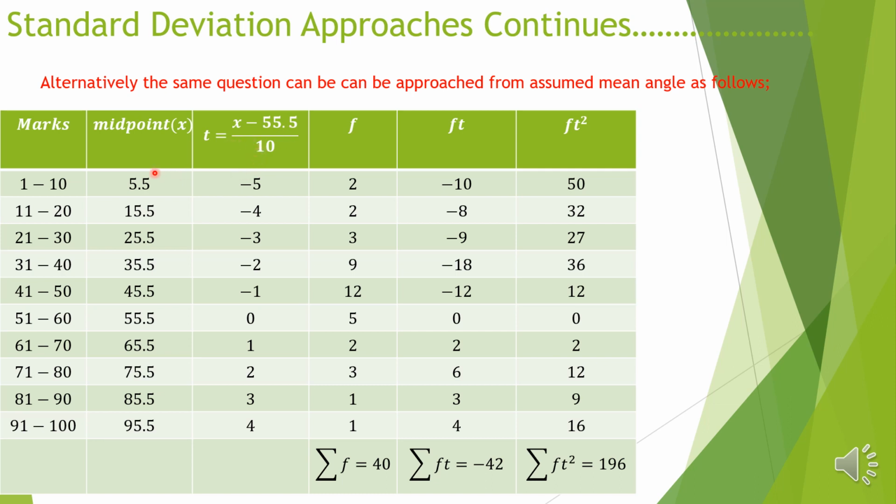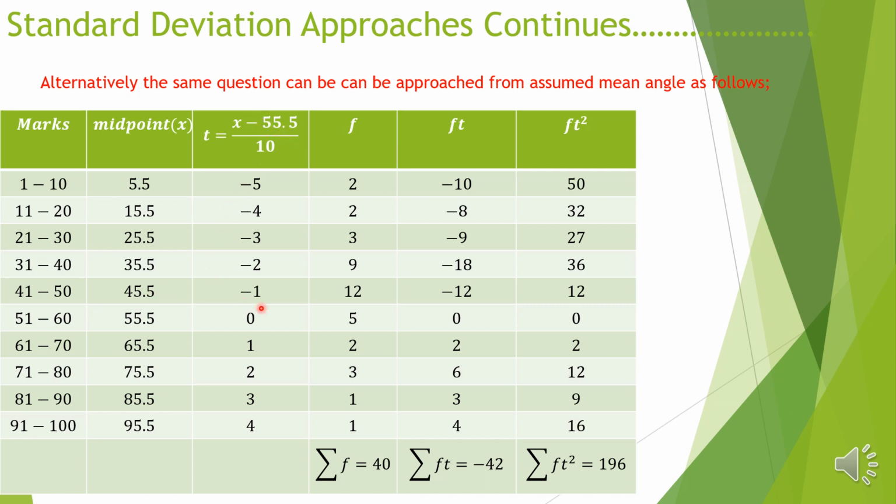So for example, I'll take 5.5, which gives 5.5 minus 55.5 over 10. I'm getting negative 5. 15.5 minus 55.5, I'm getting negative 4. 25.5 minus 55.5 divided by 10, I'm getting negative 3. Then 35.5 minus 55.5 divided by 10, negative 2. Then 45.5 minus 55.5, negative 1.